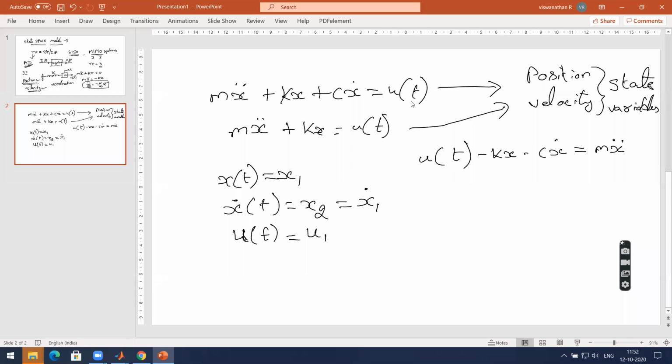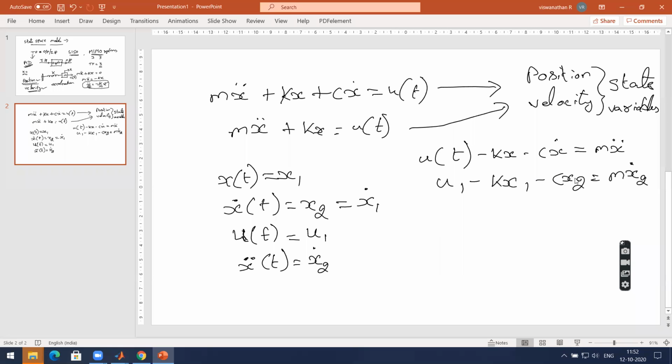Now I use these things to write this: u of t can be written as u1 minus k x1 minus c x2 is equal to m times, what is x double dot? x2 dot. x double dot of t is equal to x2 dot, so m x2 dot.